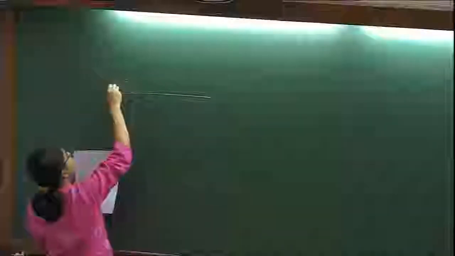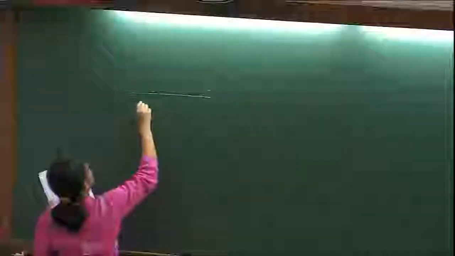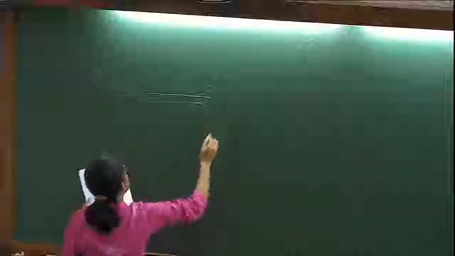This will be my n minus k, and this will be k's. K's are 2, 3, 4, 5. And 2, 3, 4, 5, 6, 7. This is A1, A2, A3, A4, A5, A6.